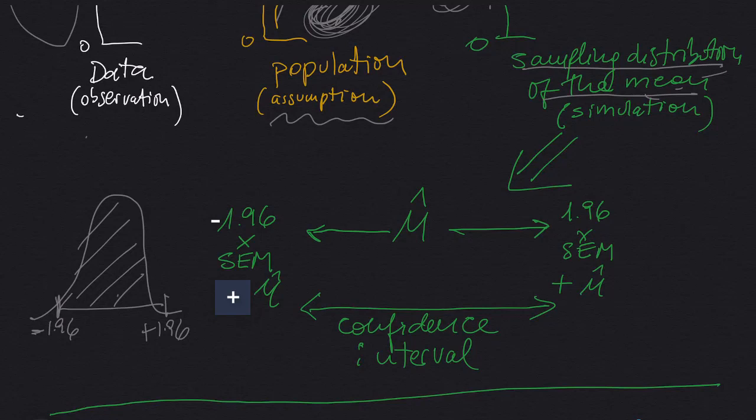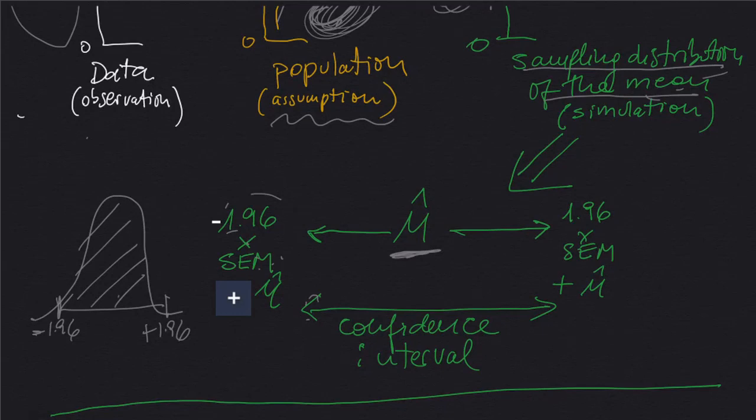In this interval we've got 95% of the values. So basically the full estimation comprises the estimate of the mean of the population, which is exactly the same as the mean of our sample. And then we've got the confidence interval.